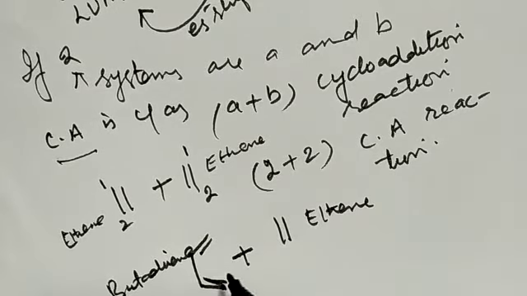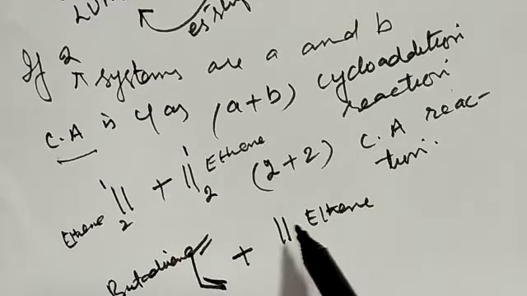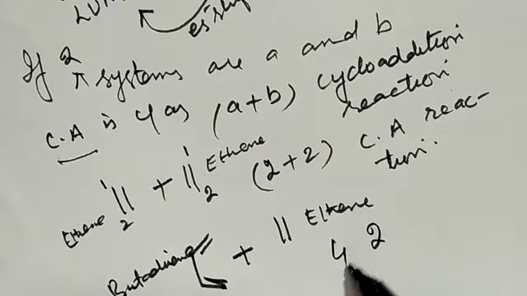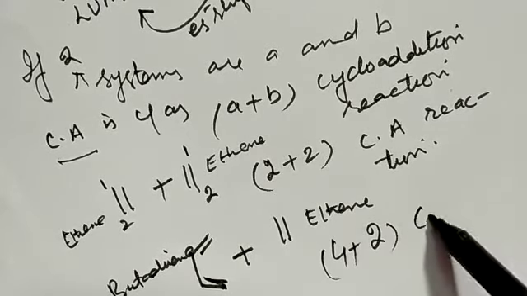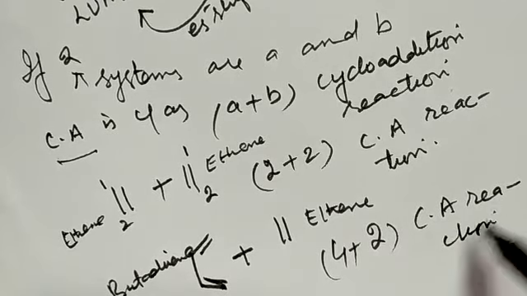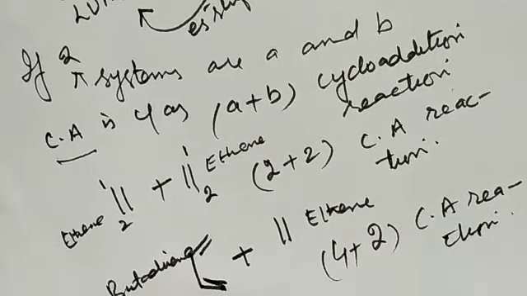If there is a reaction between butadiene and ethene, the cycloaddition reaction is called a 4 plus 2 cycloaddition reaction, right? Very simple concept. Now, types of cycloaddition reactions.